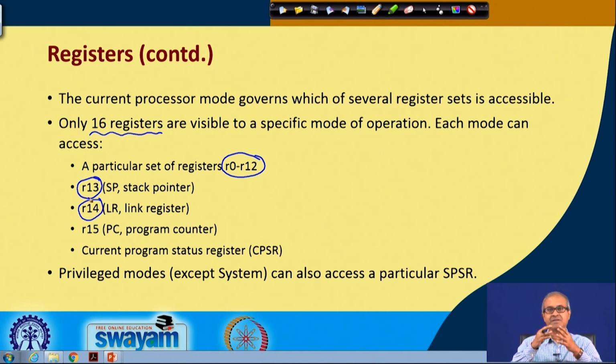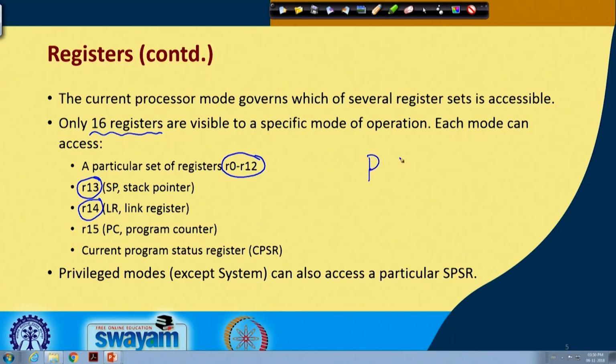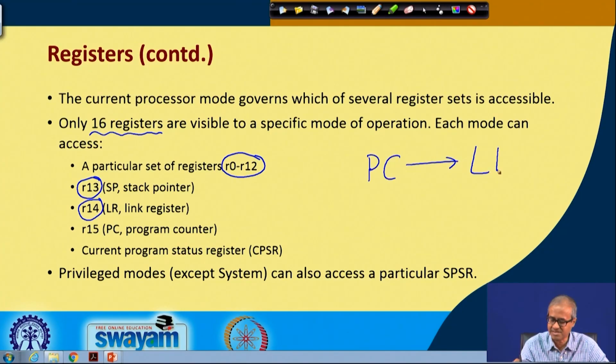You see, for subroutine call instructions, let us say for a conventional processor, the value of the program counter is also pushed in the stack, but here there is no stack. So, there is a special register called the link register. The value of the program counter gets copied into the link register whenever there is a subroutine call, and when you are returning back from the subroutine, whatever is there in the link register is copied back into program counter.